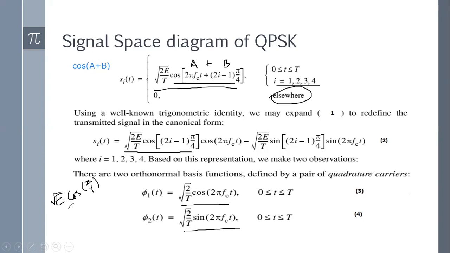So this represents the symbols, represented by cos(2i minus 1)pi by 4 into root E. And here we have minus root E sine of (2i minus 1) pi by 4. Okay, so this represents another message signal.